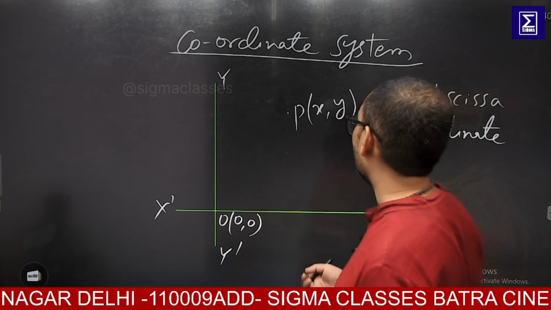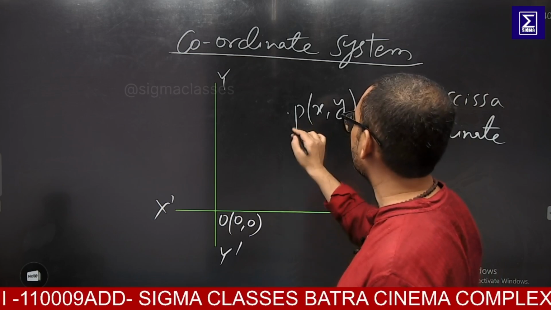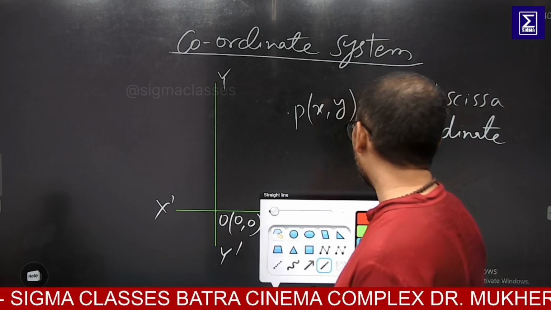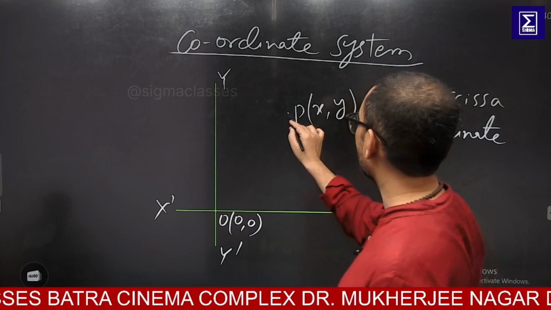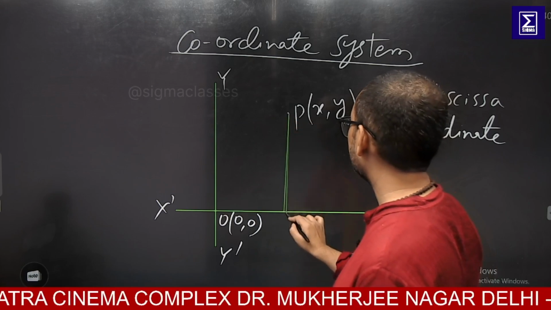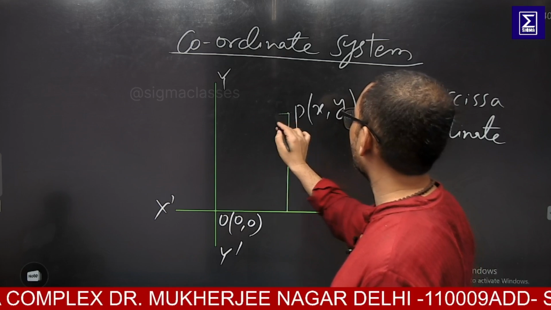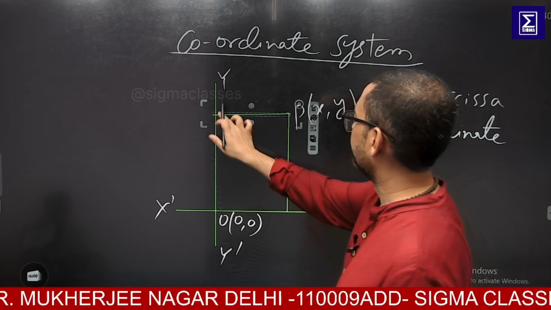So first of all, you just try to understand, if this is the point, everybody knows what this means. It means we have the perpendicular drawn from point P, and also from here.